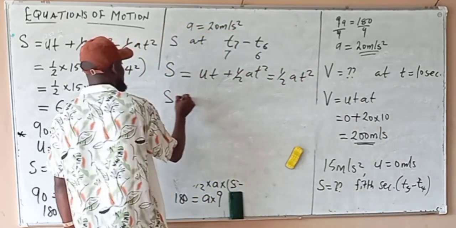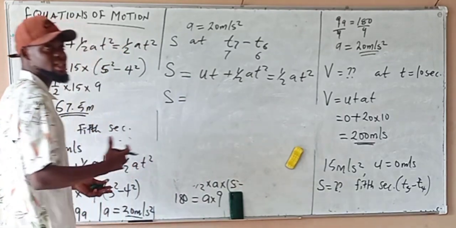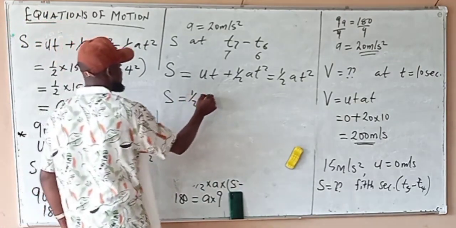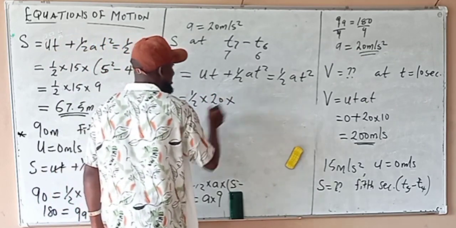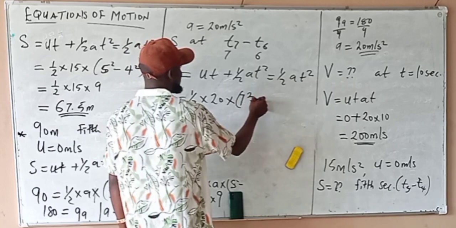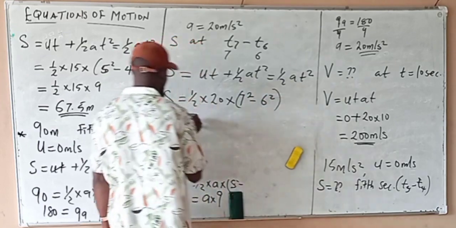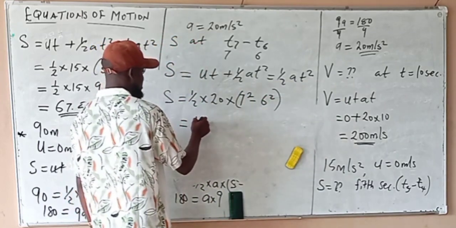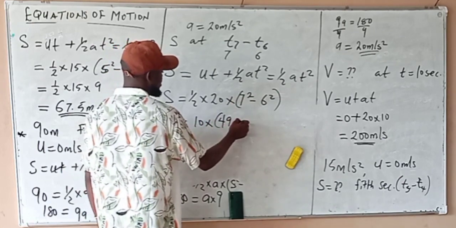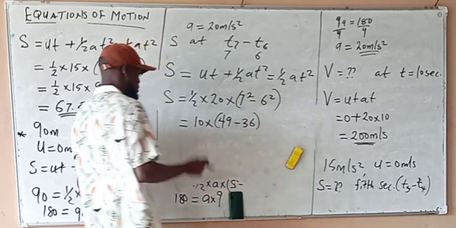Therefore, the distance moved in the 7th second will be half times 20 times 7 squared minus 6 squared. That will be equal to 10 times 49 minus 36.